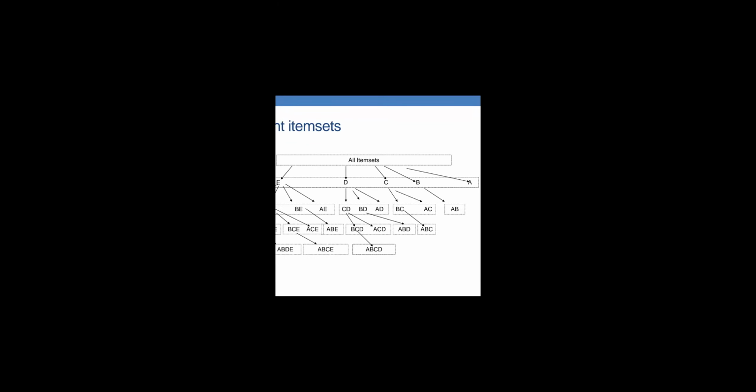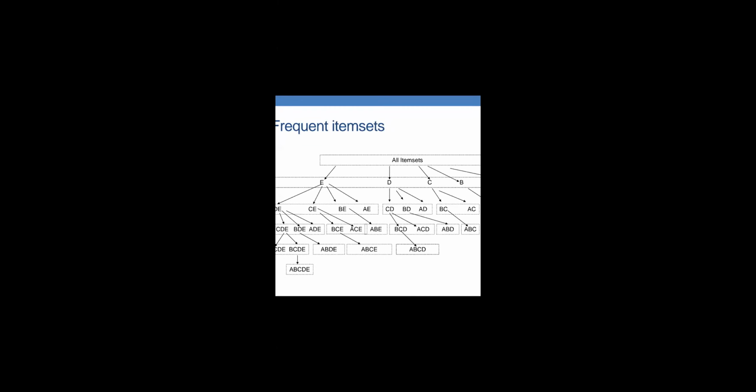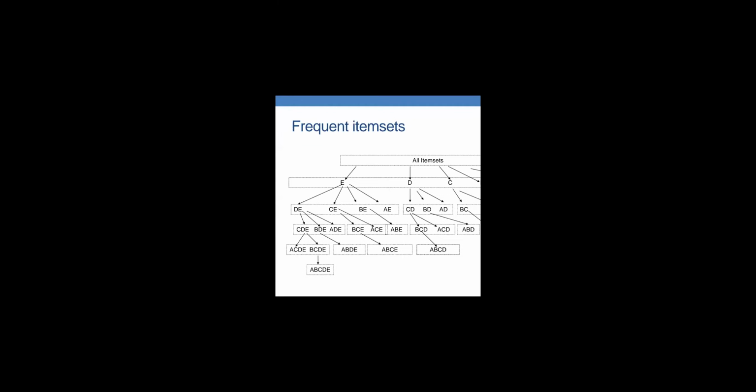A you have to start with that, we don't want to here. Then CDE, then BDE, then ADE, and BCE, ACE, then ABE, and CD you have to represent BCD, ACD. You have to consider, and BD, ABD.